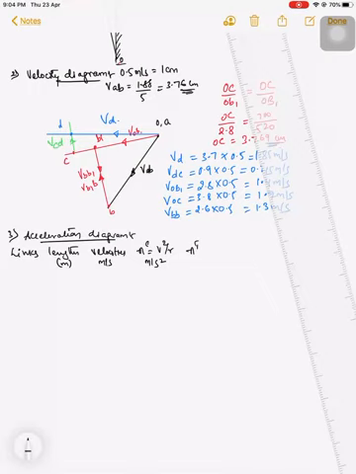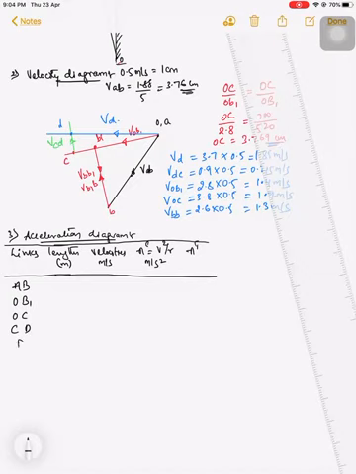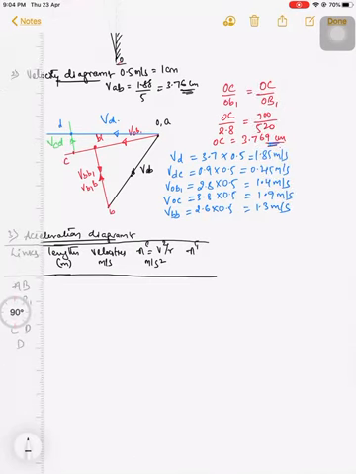Okay, we'll discuss that. So we have links here, AB, OB1, OC, CD, and finally the slider. Slider has no length.